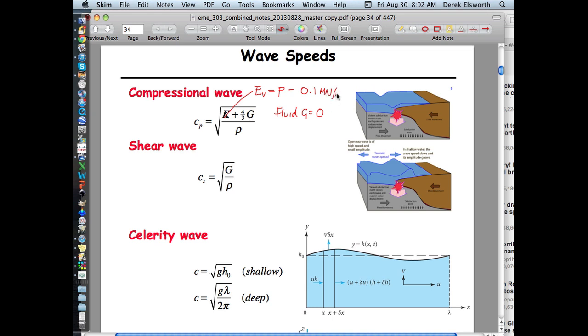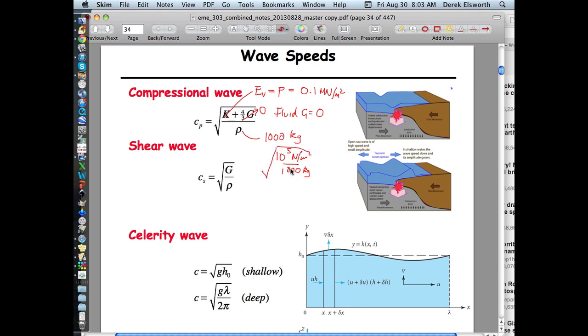Meganewtons per meter squared. And so we know that. We know this is 1,000 kilograms. And so if you wanted to do that, we said that this is equal to 0 in air. And so the acoustic velocity in air should be something like, what's this? This is 10 to the 5 newtons per meter squared divided by 1,000 kilograms, square root.